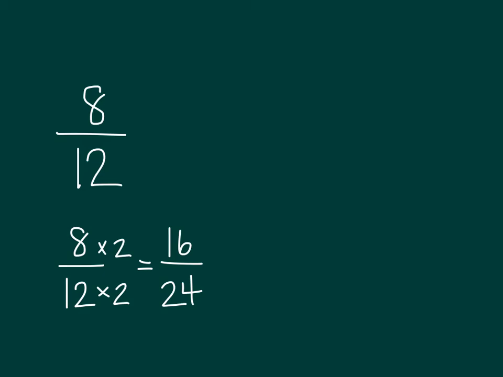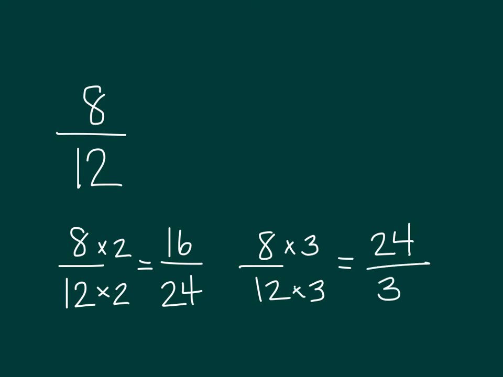I could say 8/12 again. I could multiply it by 3 if I wanted to. I really could pick any number I wanted to and make it an equivalent fraction. Once again, by multiplying, I am not making it simpler. I am now having more pieces in total and more pieces of that total. So I've made that a more complicated fraction.